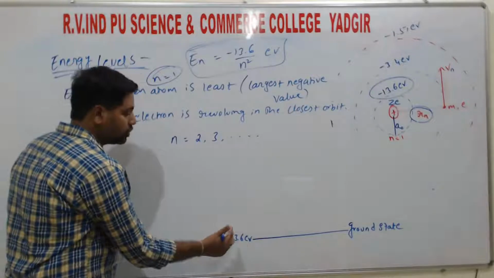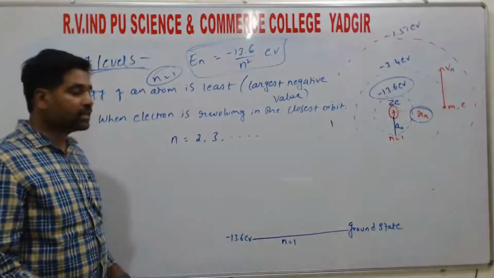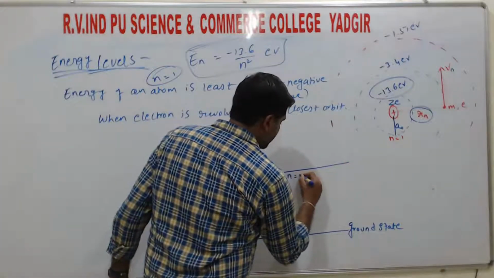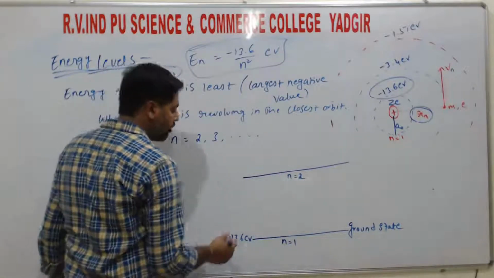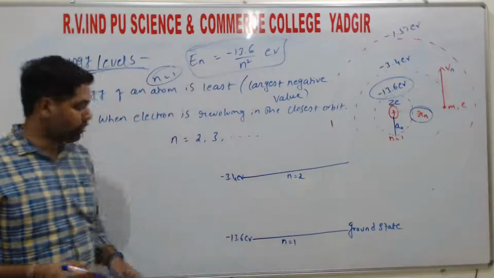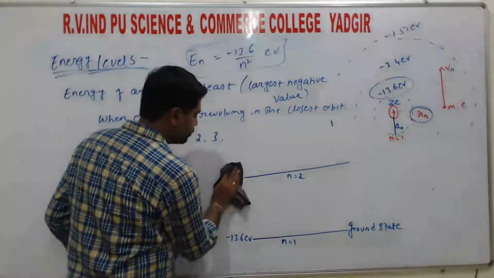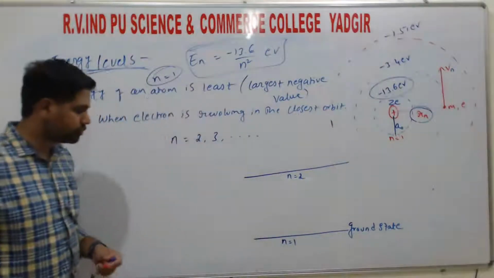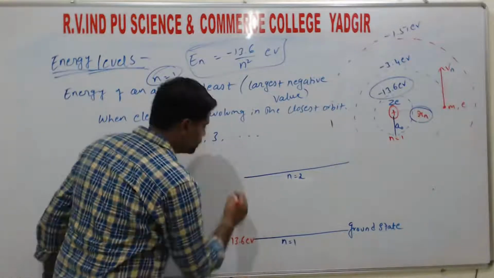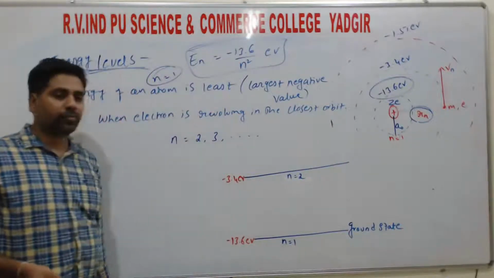This is for n equals 1, right? Next we have n equals 2, and the value here is minus 3.4 electron volt. Minus 13.6 electron volts, here minus 3.4 electron volts, right?